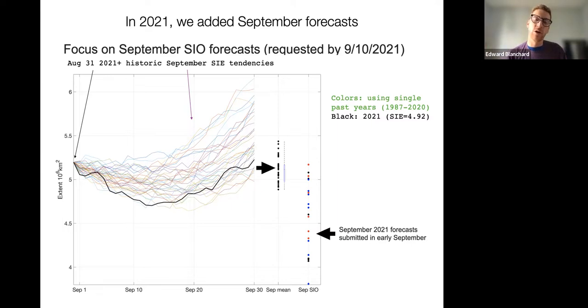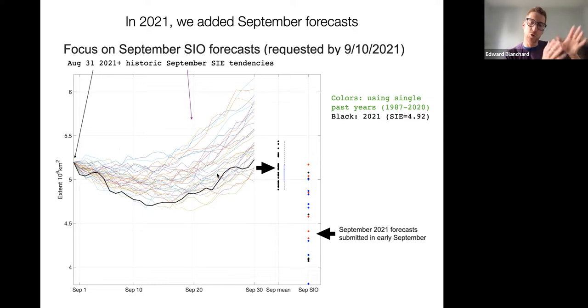So we thought, if we use all the past historical changes of daily sea ice extent throughout September, what forecast would you make? If you do that, you basically get an expected mean September sea ice extent of between 4.8 and about 5.4, and that's what I show here.